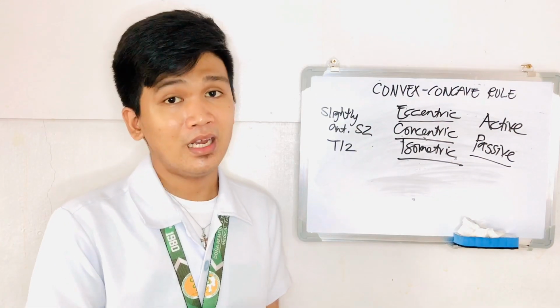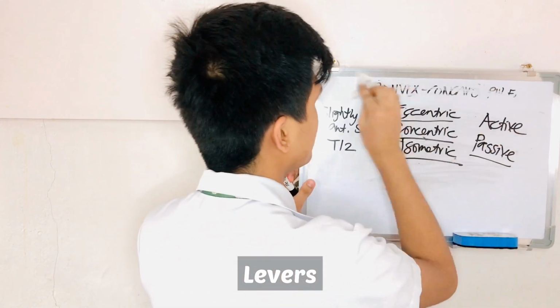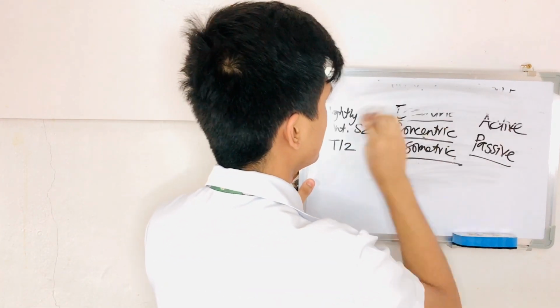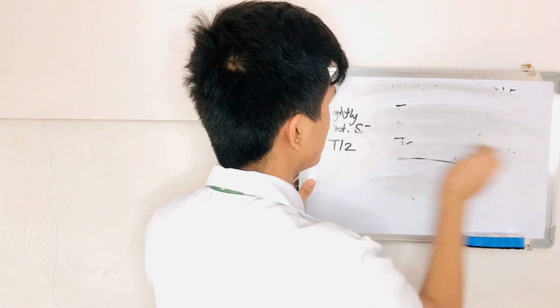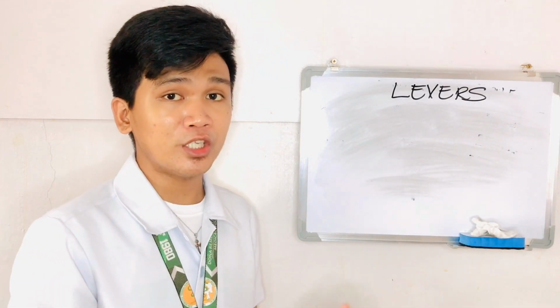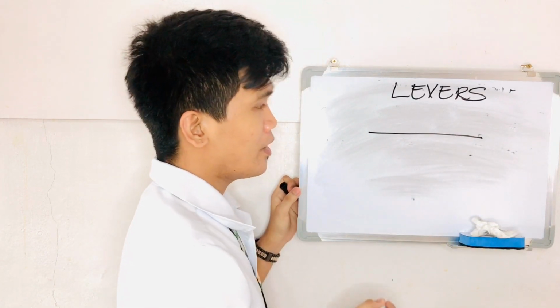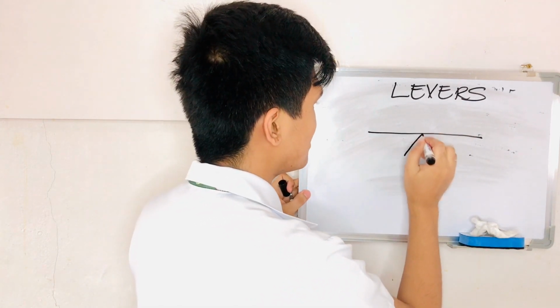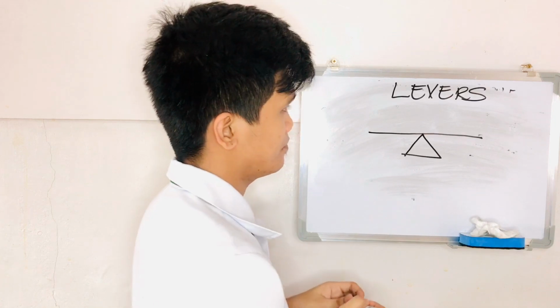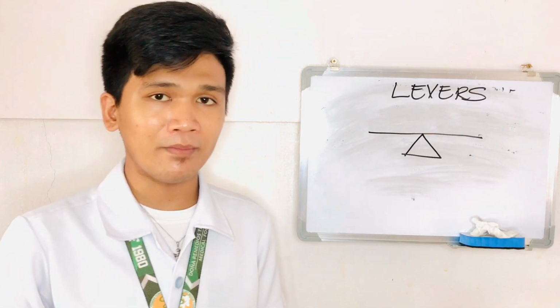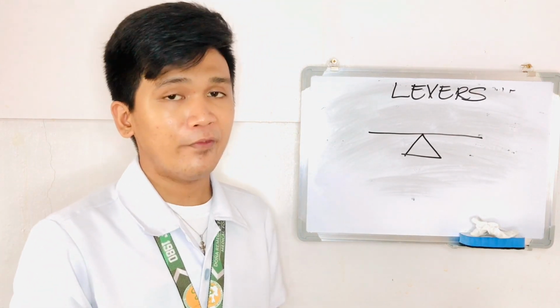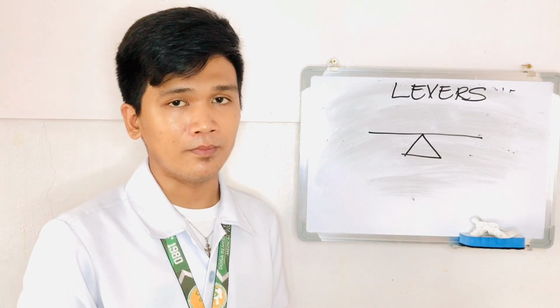Next, we have levers. So, a lever is a simple machine that consists of a rigid bar that rotates around an axis or a fulcrum. So it has 3 elements: an axis, force arm, and resistance arm.